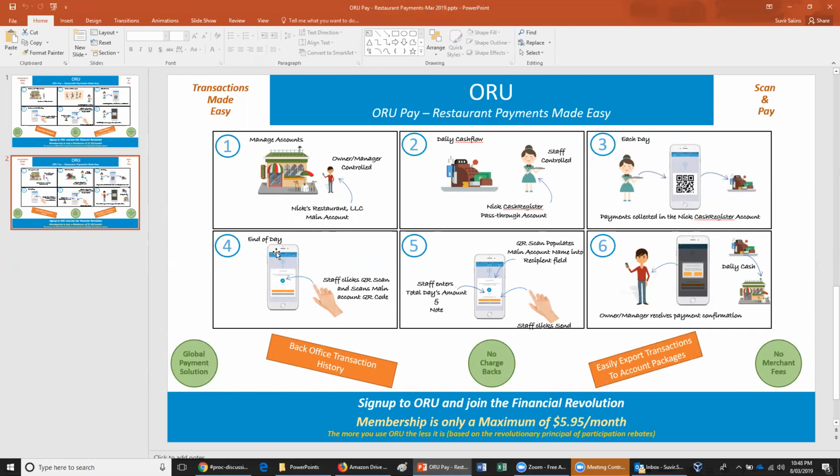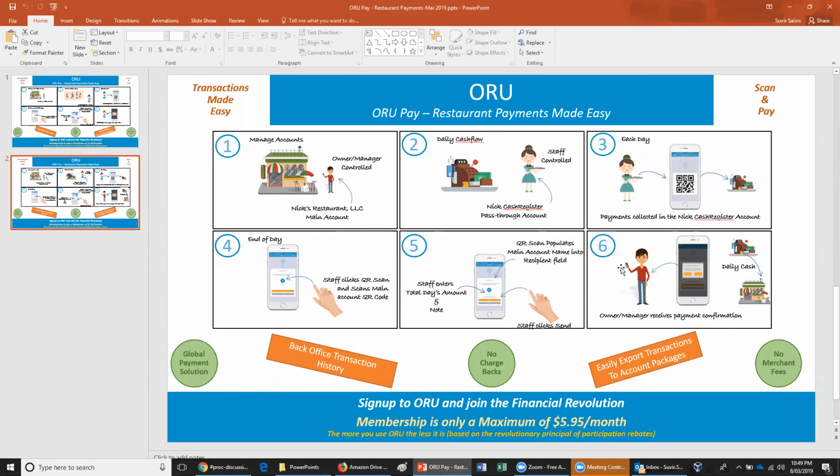And then at the end of the day, they would simply use the ORU Pay app, and they would scan the QR code of the main account, and they would enter in the total day's takings and a note, maybe the date, and then they would send that, and the owner would immediately receive a payment confirmation. So that's basically as if you were taking the money from the cash register and putting it into the main account.